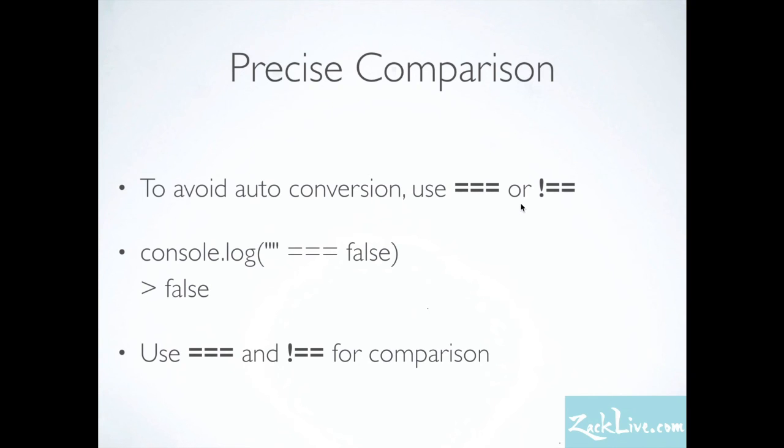So when you do empty string, 3 equal signs, with false, you will get false because JavaScript will not convert the empty string to false this time. So it is recommended to use precise comparison.